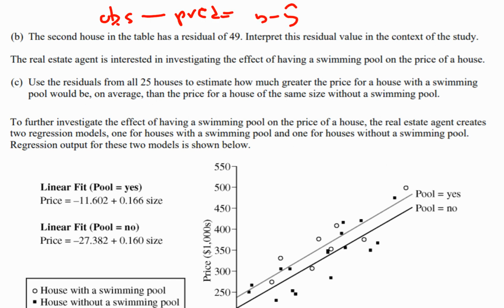So we have a residual of 49. Then that means that this house was, and don't forget y is in thousands, this house was $49,000 more expensive than it had been predicted.